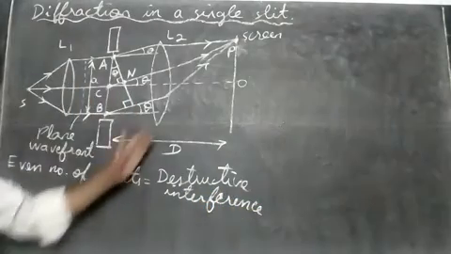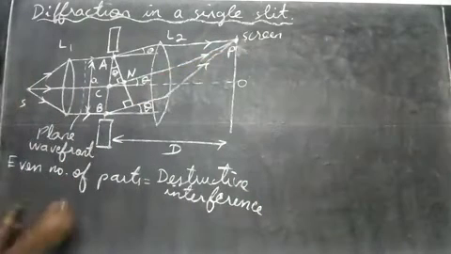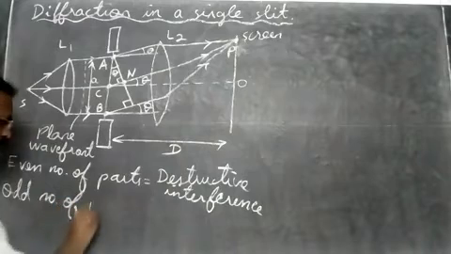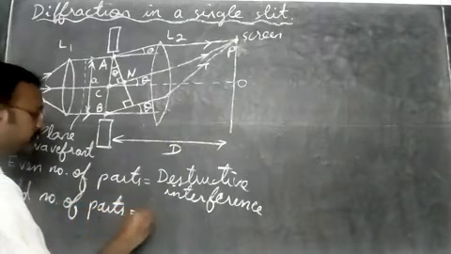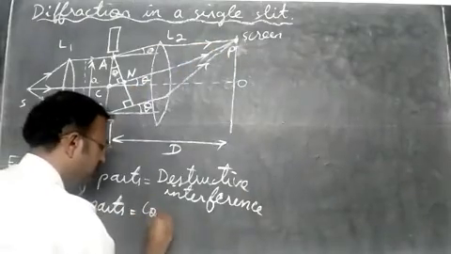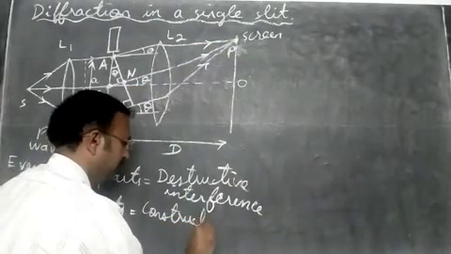That means we'll get a dark spot here. If you divide the slit into an odd number of parts, we get constructive interference. That means this point P will be bright. So we'll get constructive interference here.